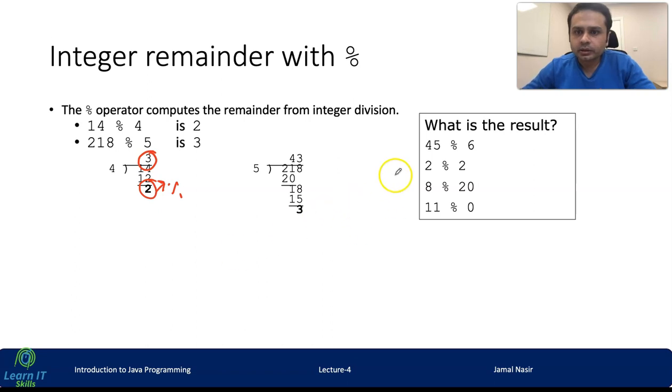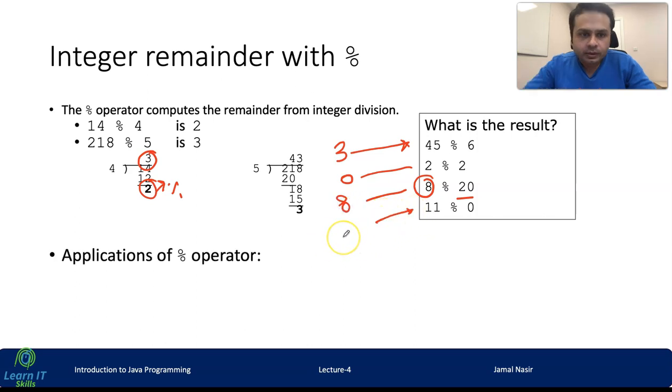If I divide 45 by 6, then I will get 3 as a remainder. So this would be the answer of this one. Here I will get 0 remainder, right? As 8 is less than 20, 8 would be the answer, right?